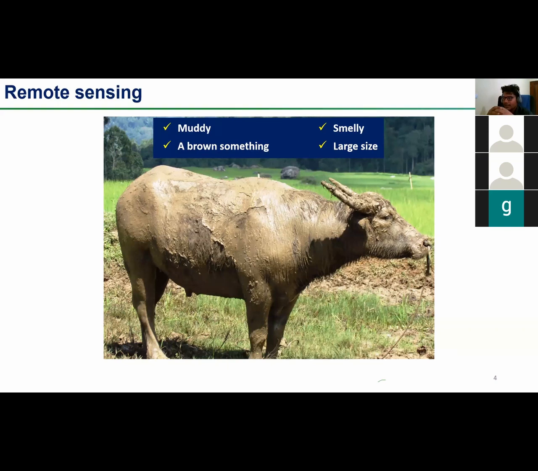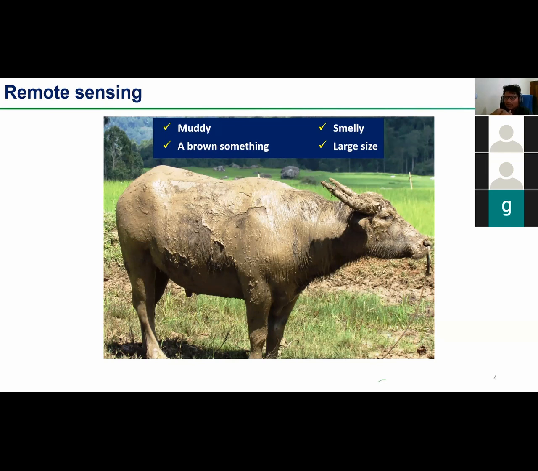You see an object and you start sensing the object. It's muddy, it's brown, and smelly. It has a fairly large size compared to other things you see. That's the information, the data that you acquire just by looking at it.